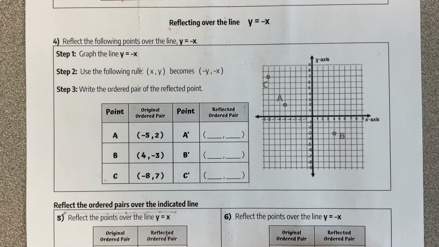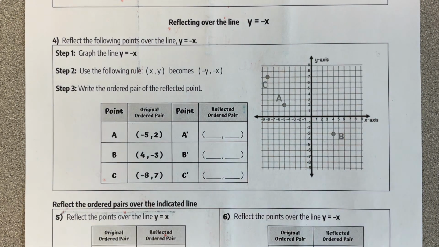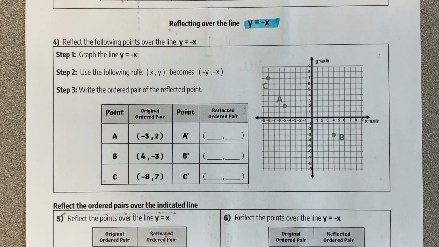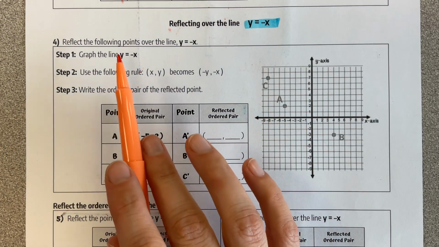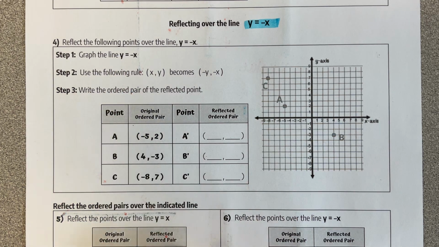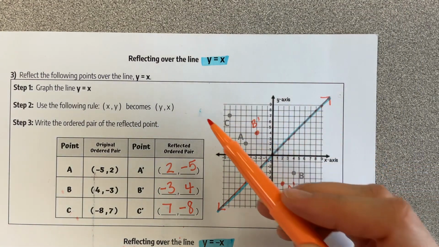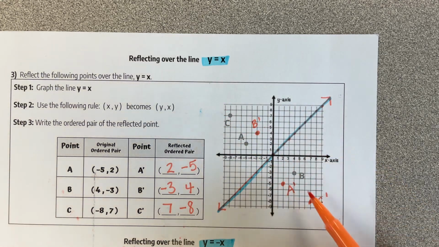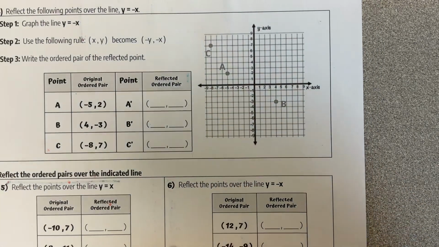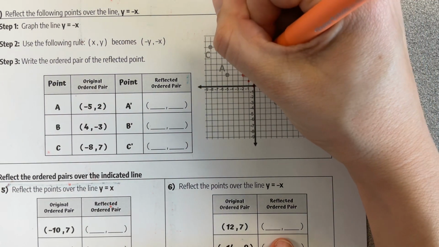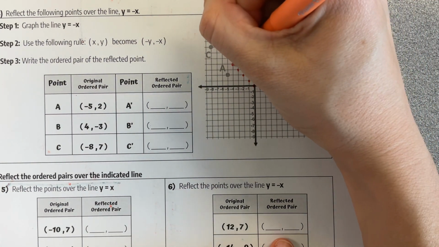Last part, reflecting over the line y equals negative x. Same thing as the last one, we're just going to plot the line y equals negative x. Our positive slope went from the bottom left to the top right. It's going to be the opposite now, starting on the top left, going down to the bottom right. So we still have the intercept of 0, 0, but now we're going the opposite direction.